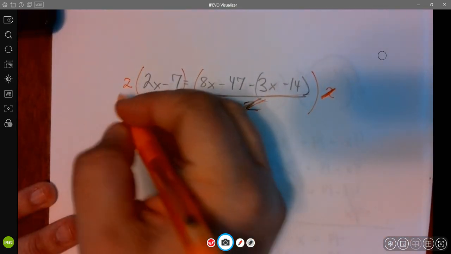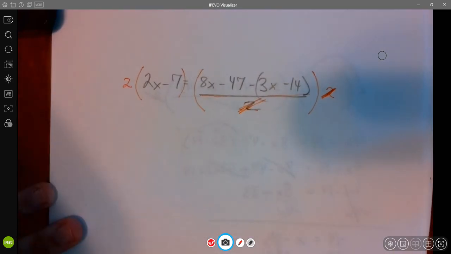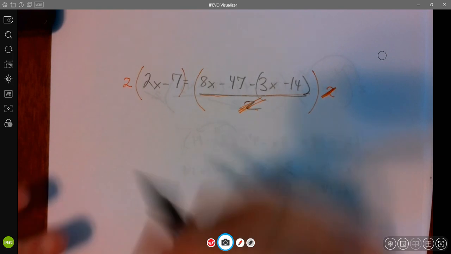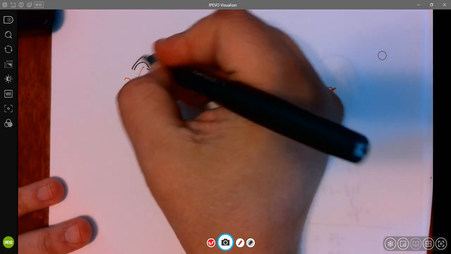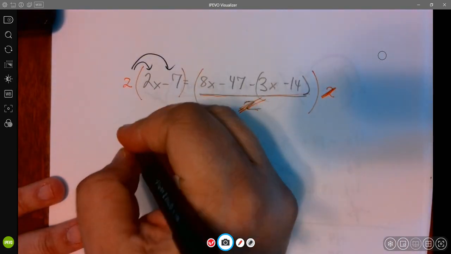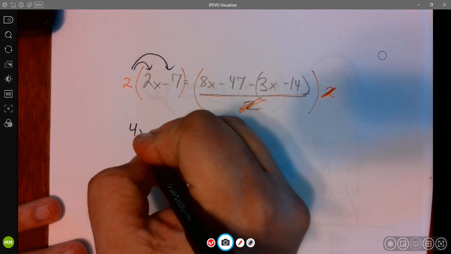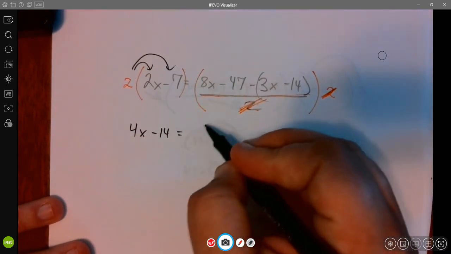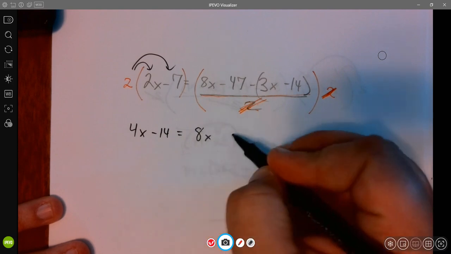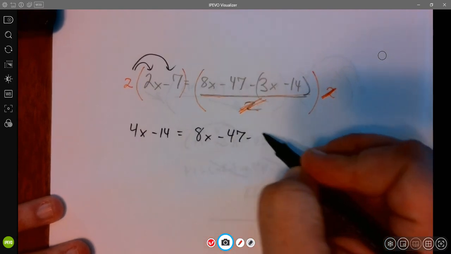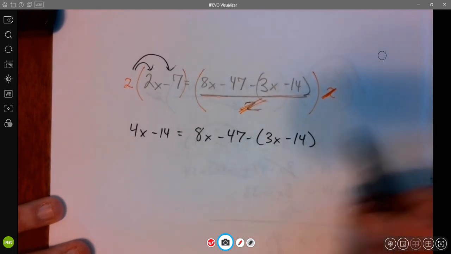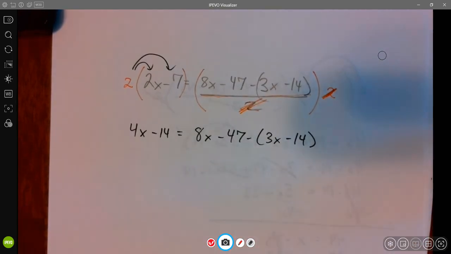And I am left with, and I'm just going to go ahead and distribute this now because it's easier, 2x times 2 gives 4x minus 14 is equal to, now this is gone, remember, 8x minus 47 minus 3x minus 14, and the 2 has disappeared.